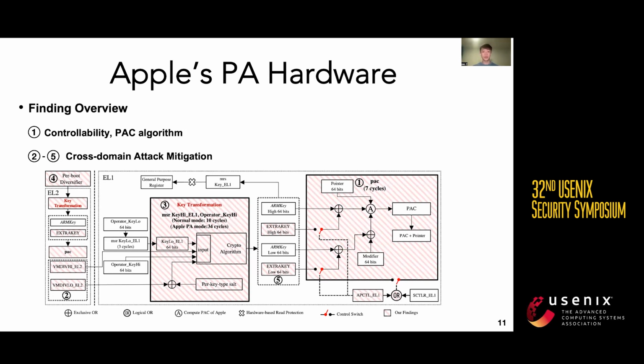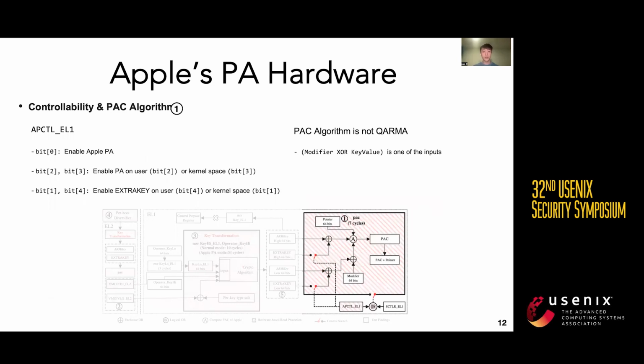Our findings include controllability, PAC algorithm, and cross-domain attack mitigation. For the first part, we discovered Apple introduced a new control register, APCTL, and also Apple implements a customized PAC algorithm instead of the QARMA algorithm recommended by ARM.